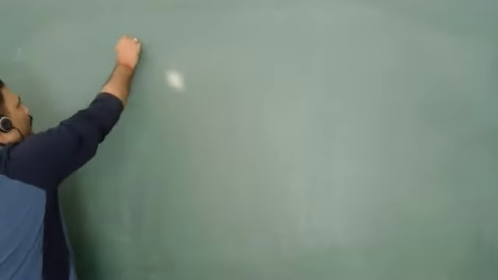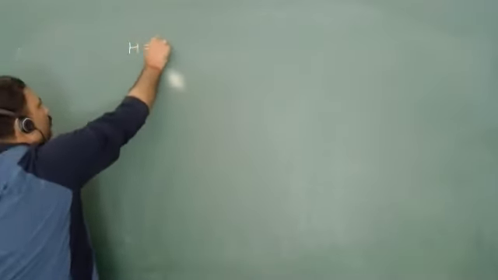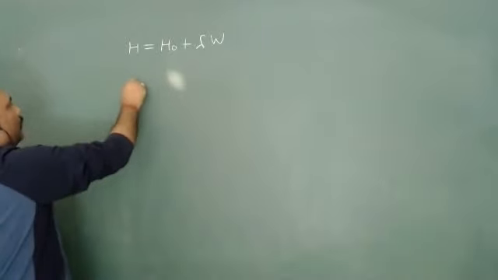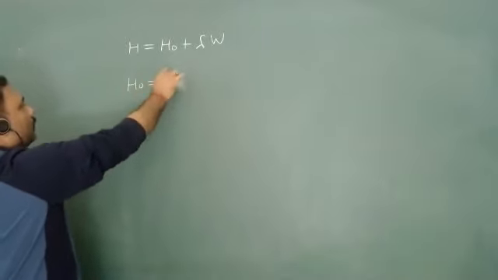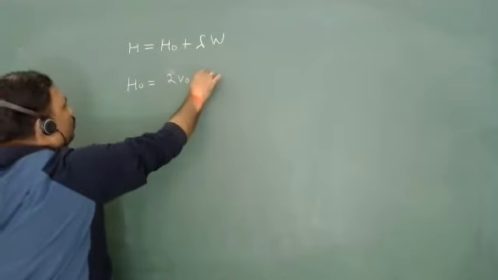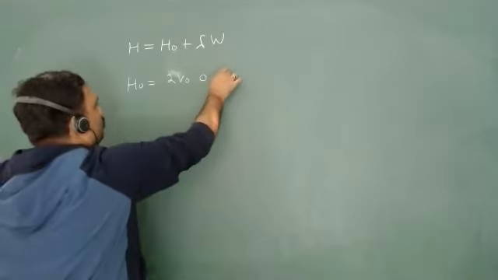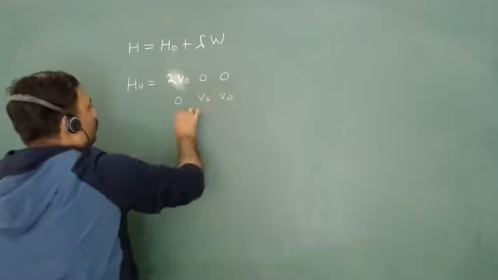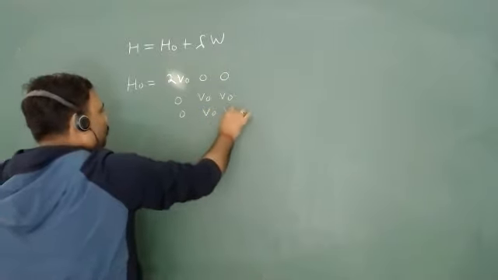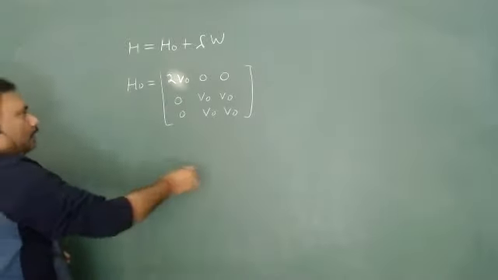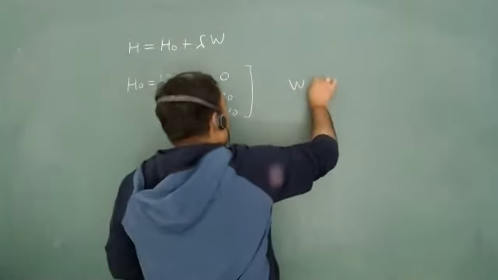So what we have, again, is H equal to H naught plus lambda W. H naught is something, let's say 2V naught 0 0, 0 V naught 0 V naught, something like this. And what is my W?